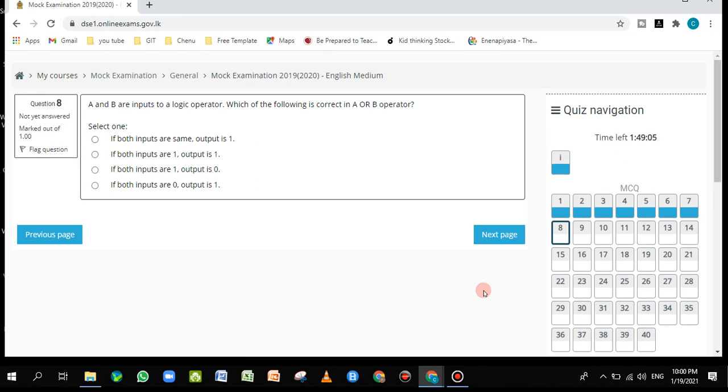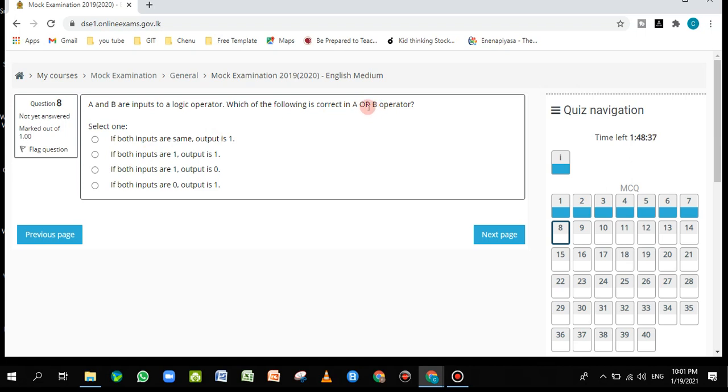A and B are inputs to a logic operator. Which of the following is correct in A or B operator? If it is A or B, then if both inputs are same, output is 1.